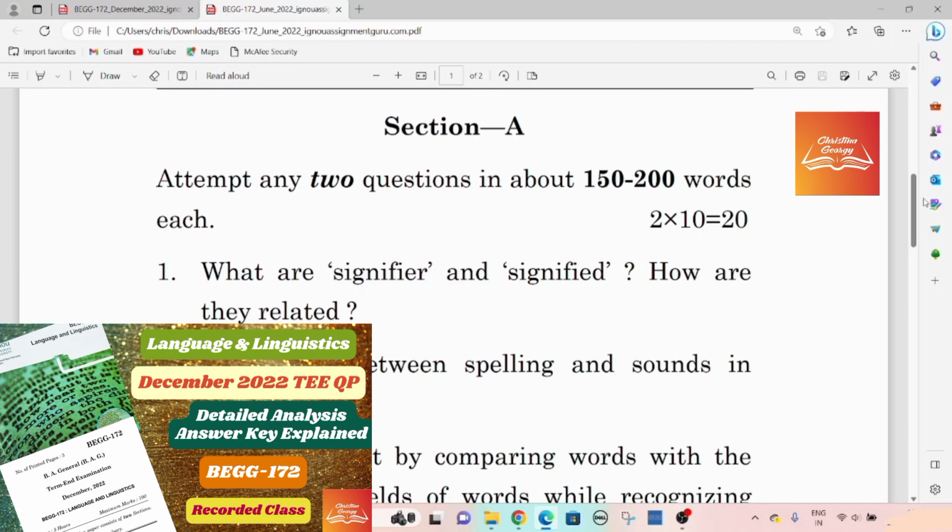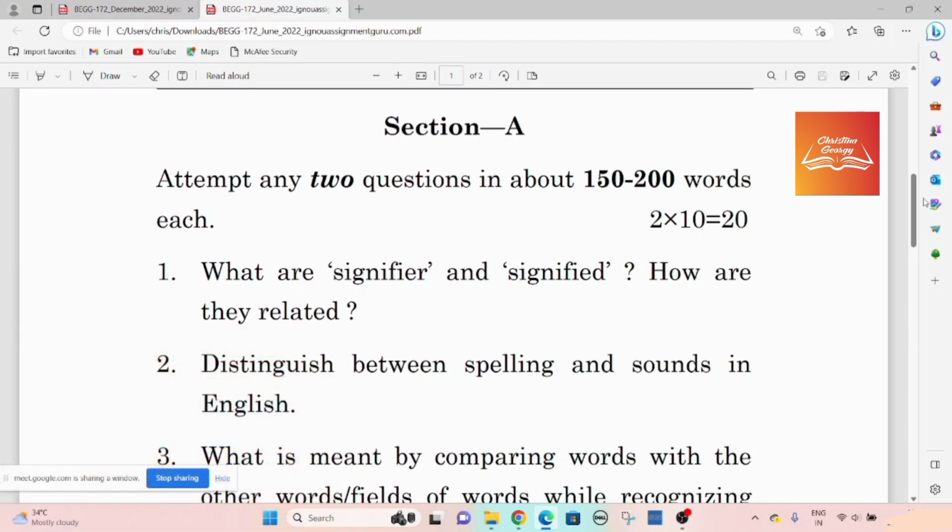This particular question is from unit 1. If you have your study material, you may look into section 1.2, where you have the exact same heading, and you can frame a short essay out of the same.